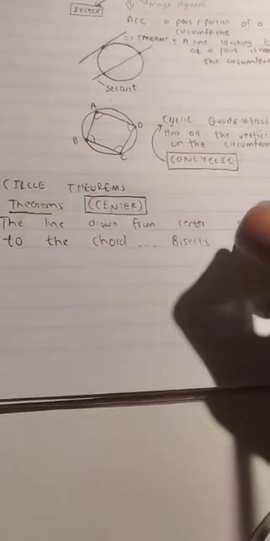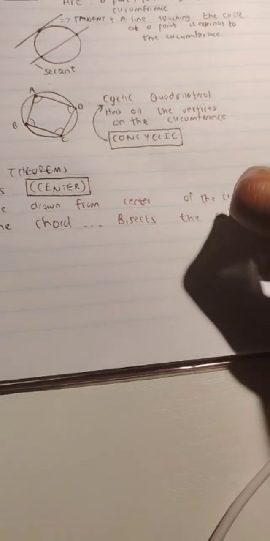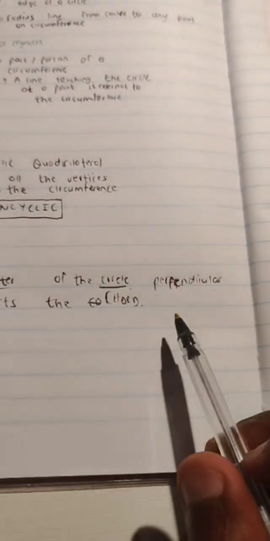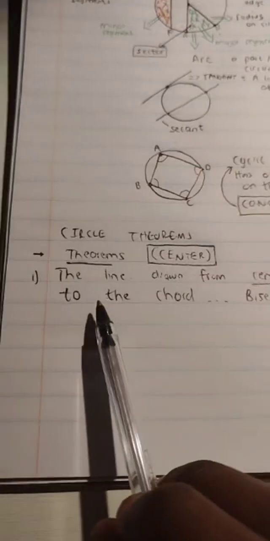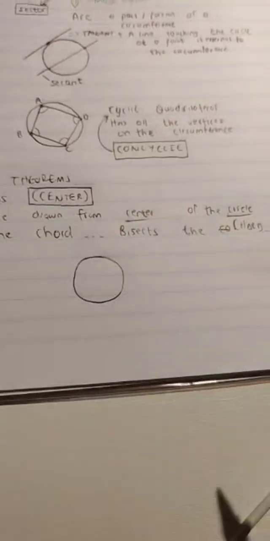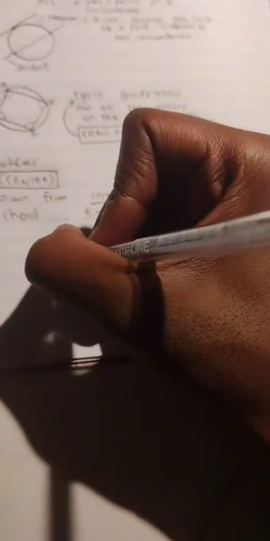It bisects the chord. Let's look at this again. The line drawn from the center of the circle perpendicular to the chord bisects the chord.